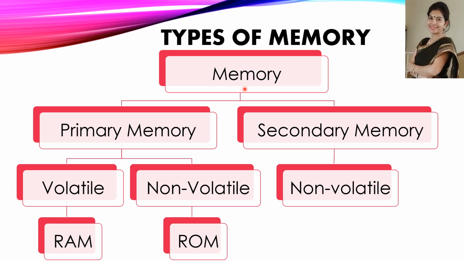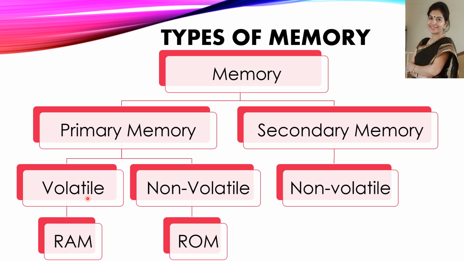So in this chapter we have studied the different types of memory. What are the different types? The primary memory and the secondary memory. The primary memory is the main memory or working memory of the computer. Without the primary memory, the computer cannot work. This primary memory is of two types, volatile and non-volatile.